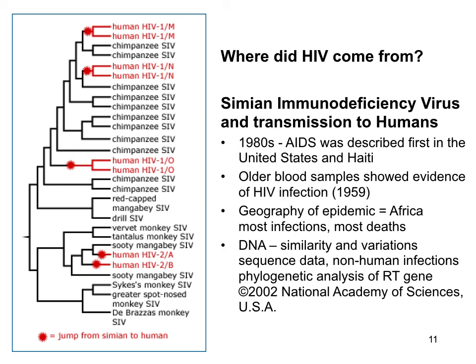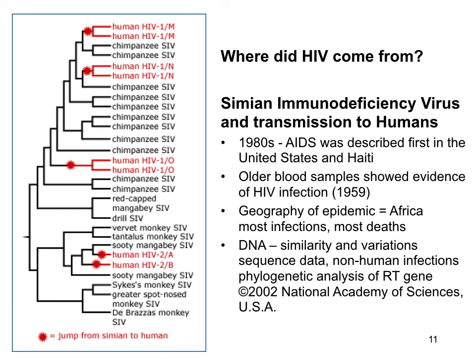And the geography of this was that the early infections were often associated with Africa and sailors. And then when you looked at the sequence of the gene that is most central to the virus, you find that it's similar to the gene found in various types of small monkeys, particularly mangabeys.